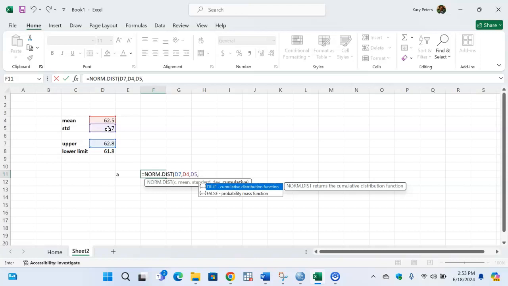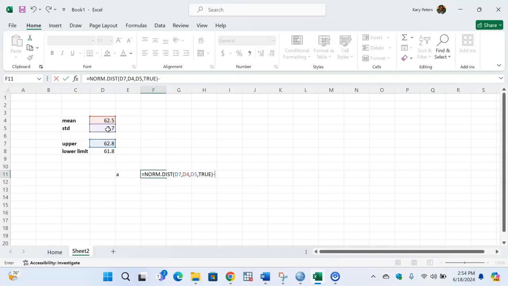So by cumulative, what they mean is from the point where there's zero going towards, how much probability has it accumulated by the time you get to a point where 62.8 when the mean is 62.5. So that's it. So we put 1, or you just put TRUE.